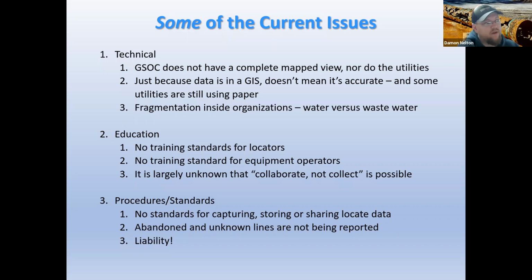From an educational front, well, there are no standards for education for locators. Something people's lives are dependent on can be located by someone who last week was delivering pizzas. It's also largely unknown that data can be shared electronically without being in a collection with a central repository, an item that's often complained about when discussing the sharing of data.